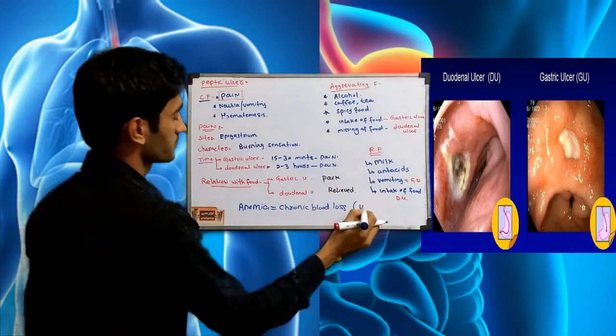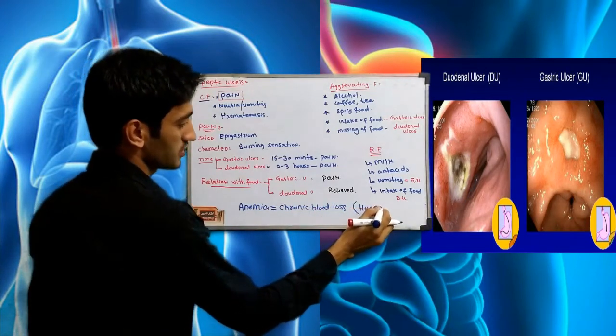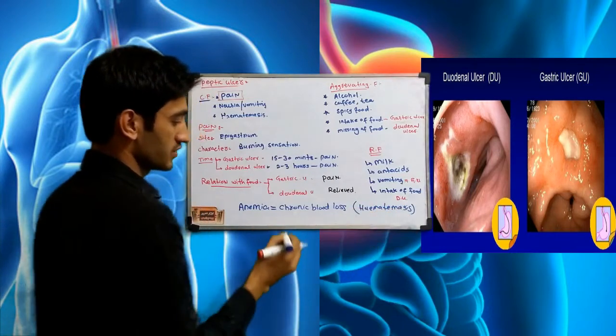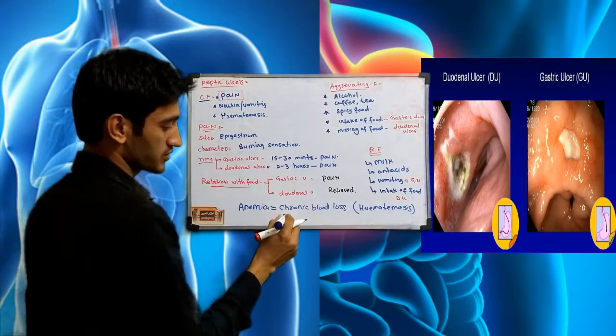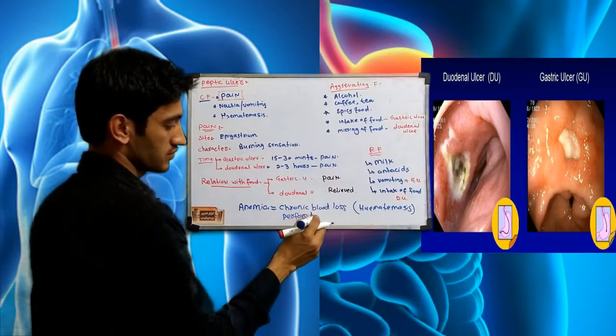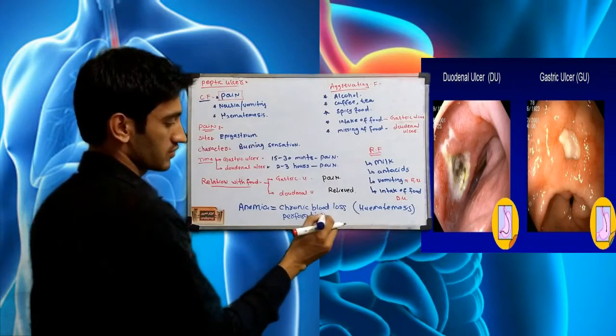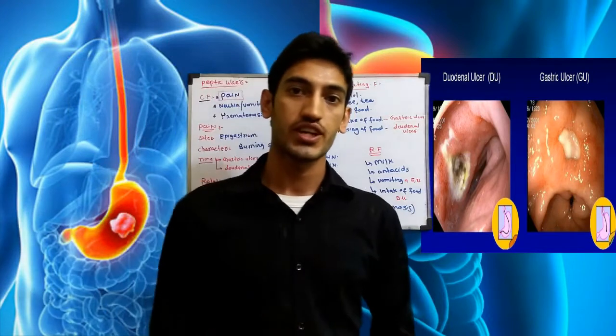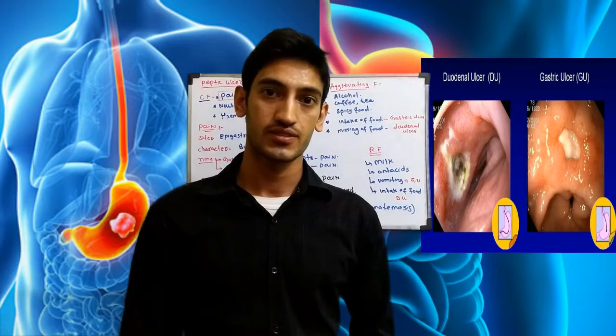Hematemesis is called so, and it is because of the perforation of the ulcer. This is all about the clinical features of peptic ulcer.